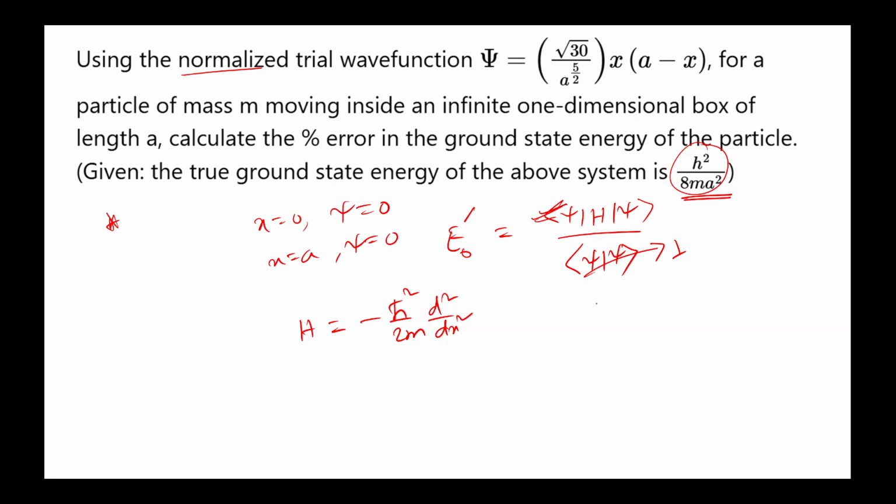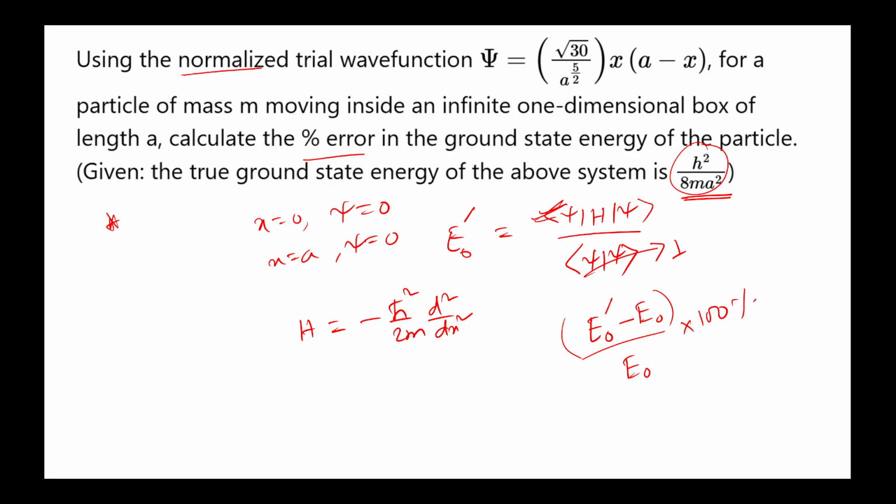Then you can write E0 dash minus E0, divided by E0, into 100%, to get the percentage error in the ground state energy of the particle.